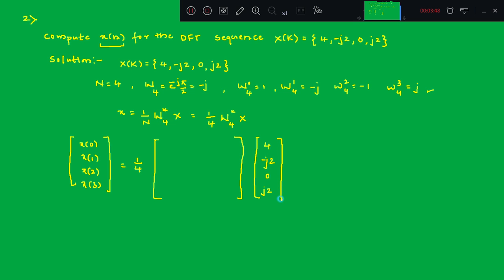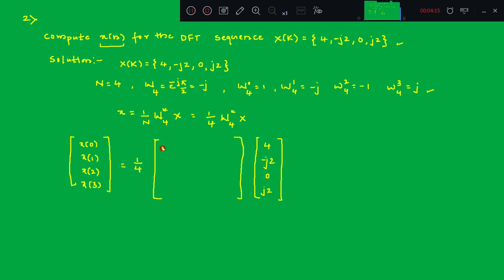Why I chose this particular example is that after solving we can cross check, by finding the IDFT of this sequence, whether you get the original sequence x of n, that is 1, 2, 1, 0, right?